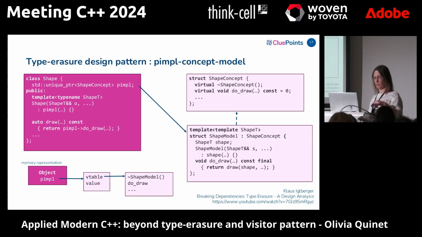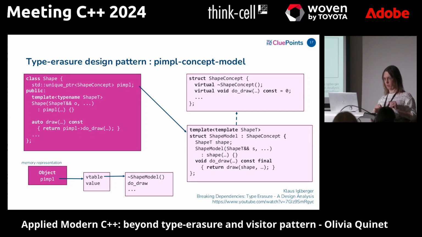So you have a constructor that creates a pimpl, and you have the draw function that will simply call the do-draw of the pimpl. So you have the shape concept class or struct that will simply define all the interface. In the shape model, you actually do the binding of the interface for the type. Memory is very easy, very light in a way, but introduces several indirections.